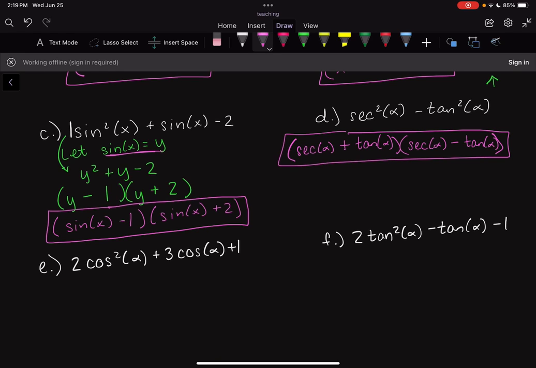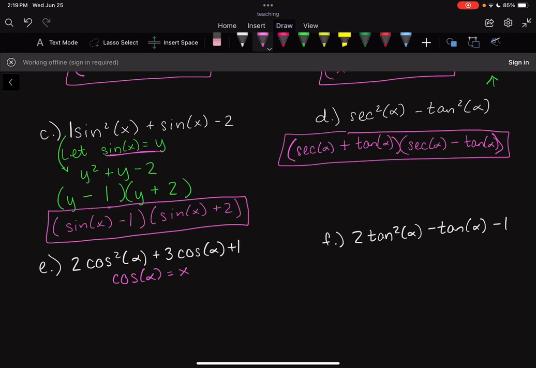So for these, I like to focus on a method called the guess method, but it's where you just think it through. So for this one, I'm going to let cosine alpha be another letter. I'll just let it be x for this one.